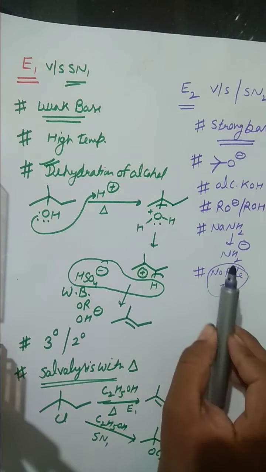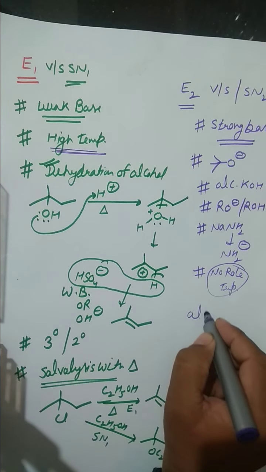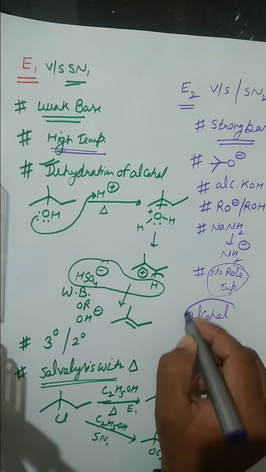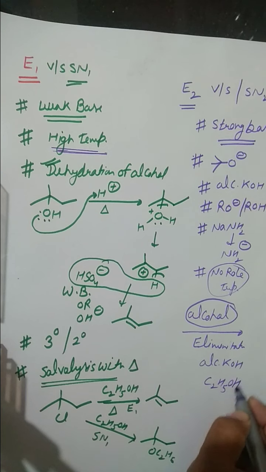So we have to know, there is one keyword we have to use, alcohol. Basically, if we are taking alcohol, then the reaction would be through elimination. Either we are taking alcoholic KOH, or we are taking C2H5OH with heat. So high temperature is also a governing factor for the overall elimination reaction.